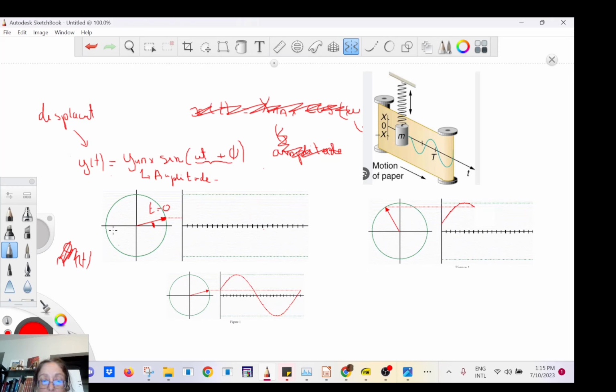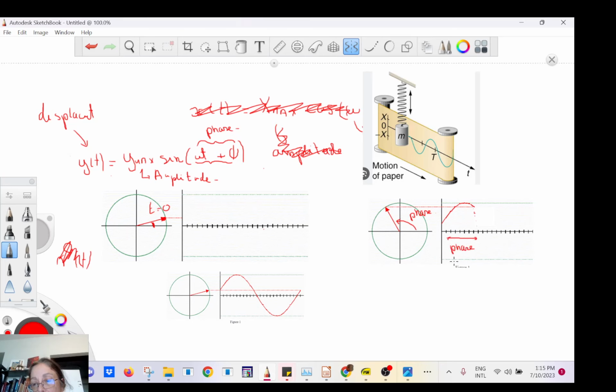So why are we using this? Because when we do more advanced physics, what you have inside is called the phase. The phase will be just this angle here, inside the cosine or inside the sine. It's easier to compute the phase using that circle, right?